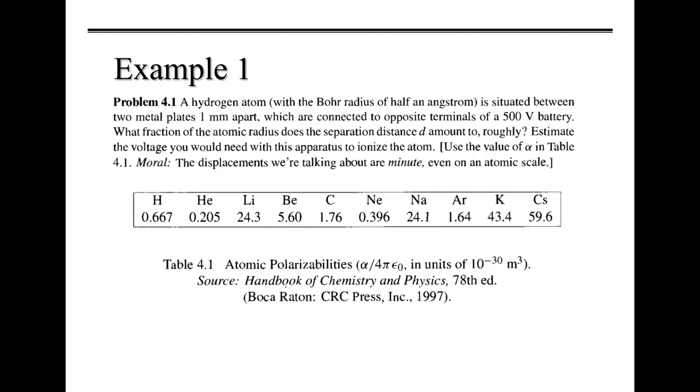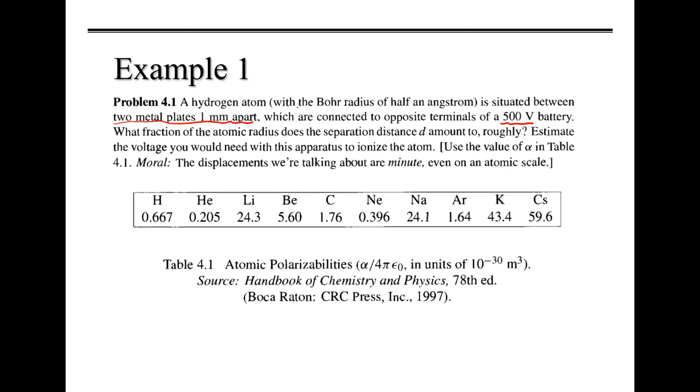So this is table 4.1, and we are talking about a hydrogen atom which has polarizability alpha over 4 pi epsilon naught, in units of 10 to the minus 30 meter cube, equal to 0.667. We are given the voltage, which is equal to 500 volts, and the distance between the two metal plates, which is 1 millimeter apart, so that is 1 times 10 to the minus 3 meter.